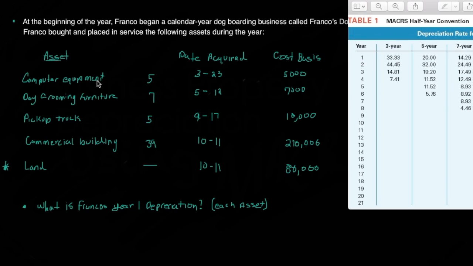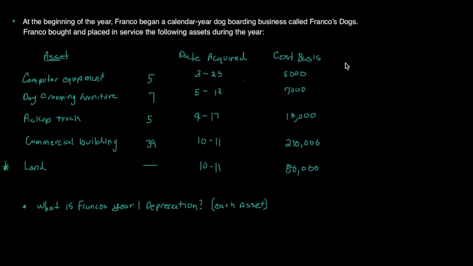The computer equipment is 5 years. So we use year one, go over to 5 years, and this is the percentage we depreciate. So we have 20% there. And for the furniture, which is 7 years, we go over year one to 7 years, and that's 14.29. So we have 20 and 14.29.